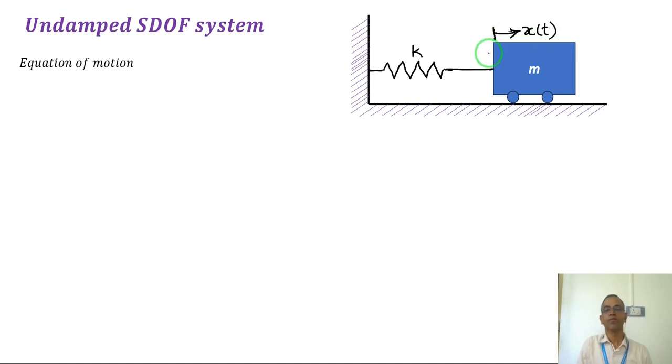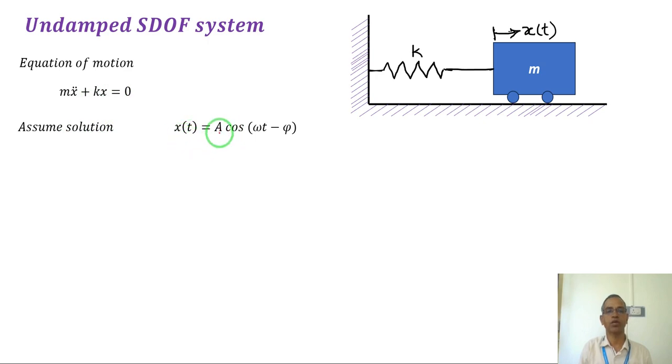So now the equation of motion for this system is m x double dot, which is the inertia force, plus k x, which is the spring force, equal to 0 because it is free vibration. For the response, we can assume a solution x of t equal to A cos omega t minus phi.